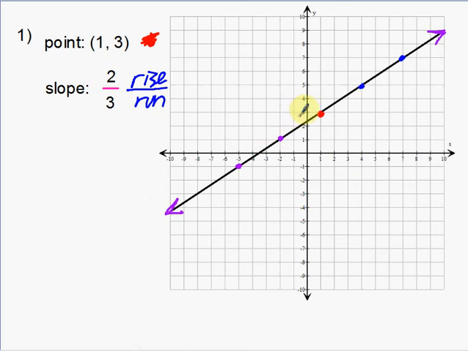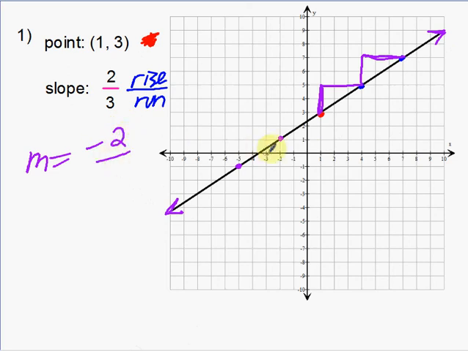So let me show you why, even though the slope is 2 over 3, you wouldn't have to do this, but I'm showing you up 2 over 3, up 2 over 3. Right, you keep doing it. Let me show you why you can go down 2, left 3 to get other points. So let's think of it this way. If we went down 2, we'd be going negative 2.